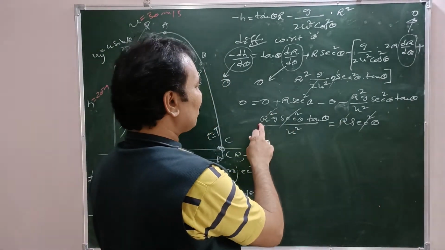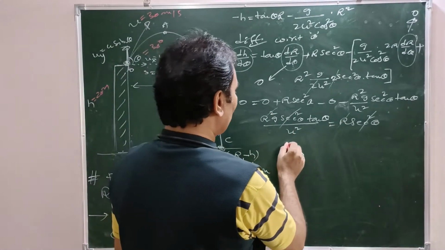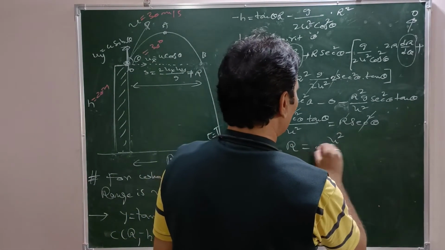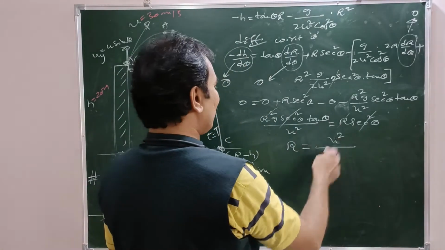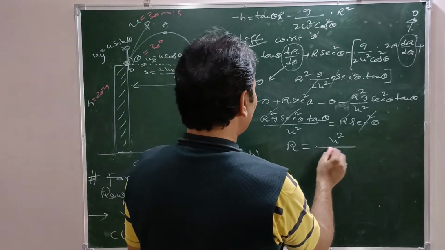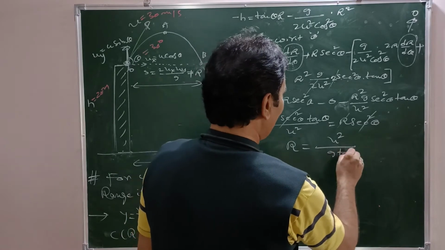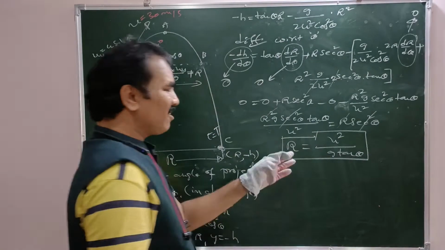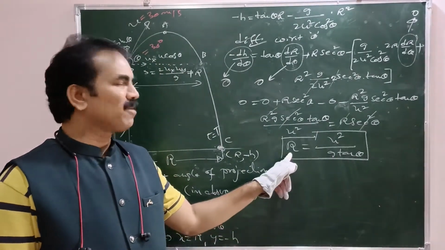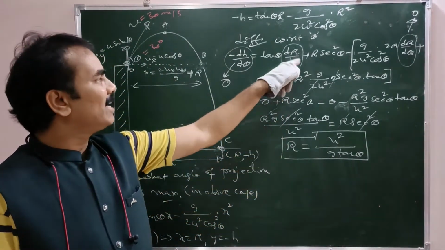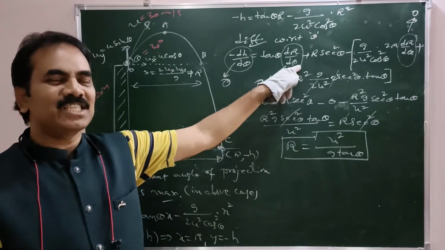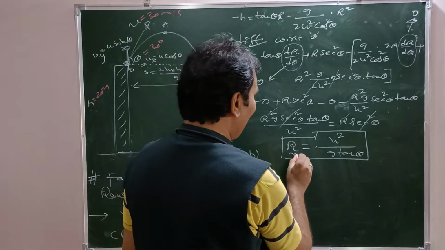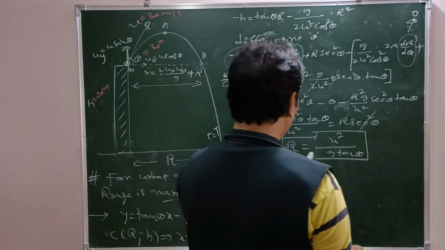Now make r the subject. That is r equal to u square by g tan theta. Is it ordinary r or maximum r? Maximum range. Why? Because here dr by d theta is 0, at which range is maximum. So definitely this is r max.